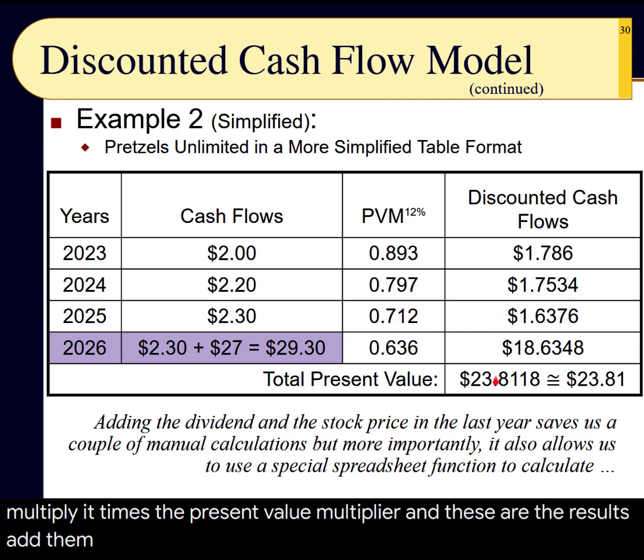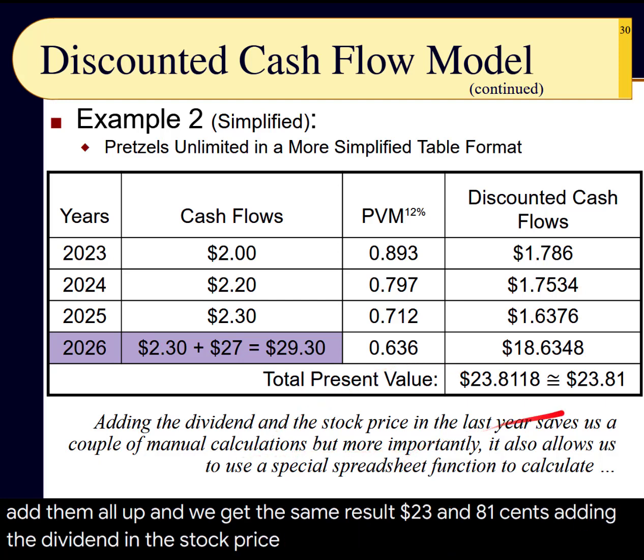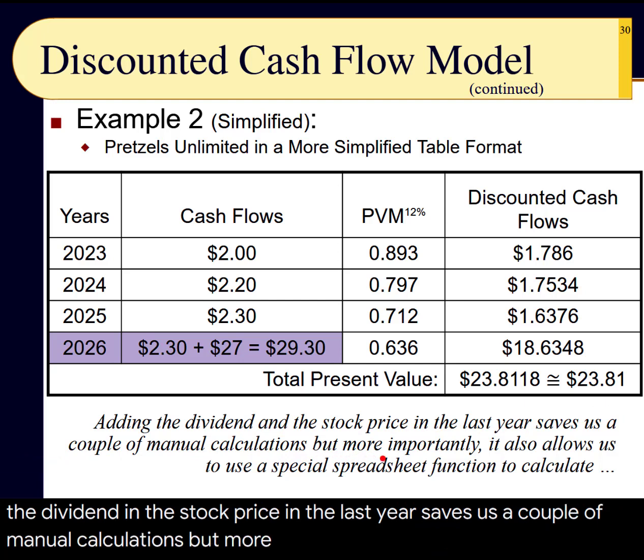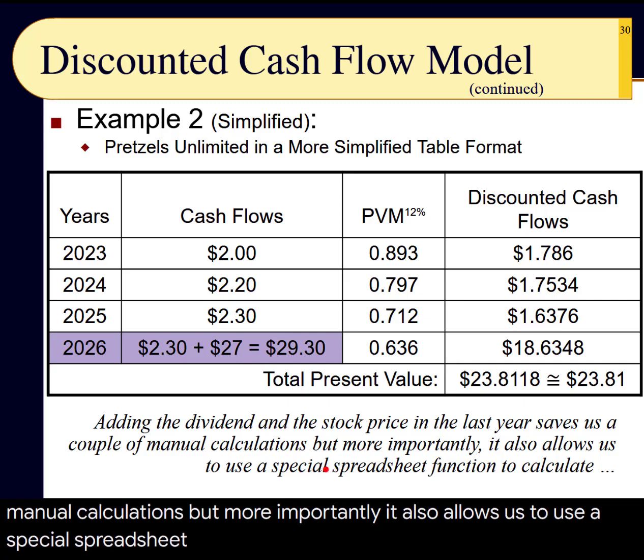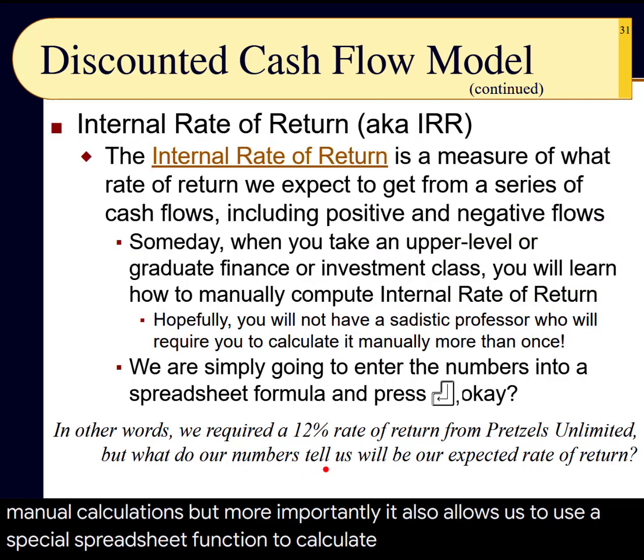Add them all up, and we get the same result, $23.81. Adding the dividend and the stock price in the last year saves us a couple of manual calculations, but more importantly, it also allows us to use a special spreadsheet function to calculate the internal rate of return.